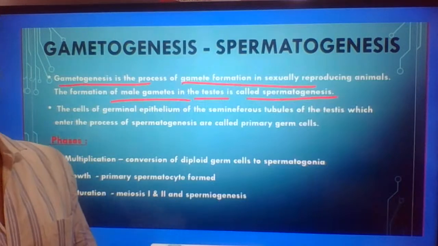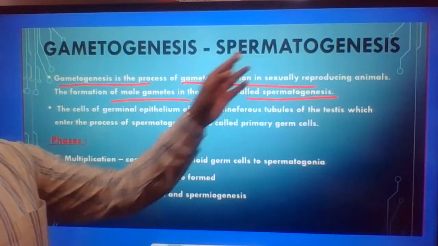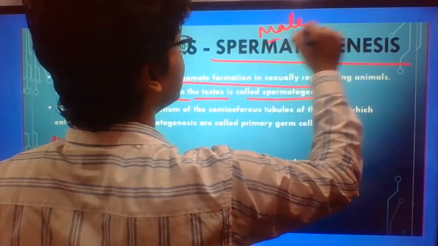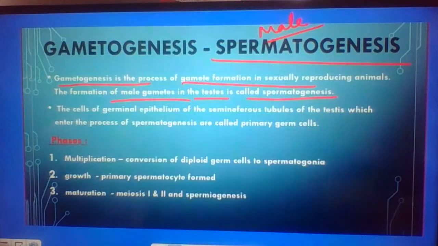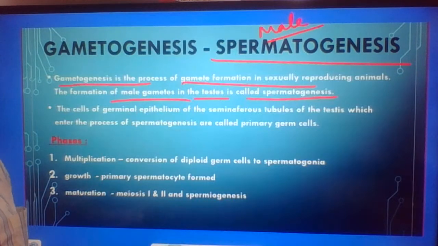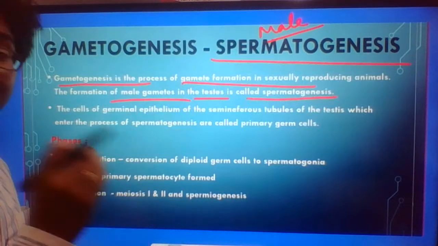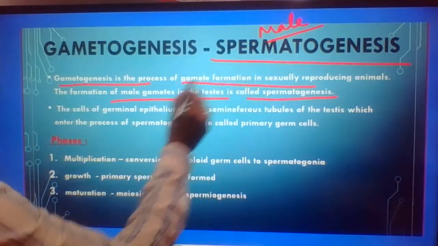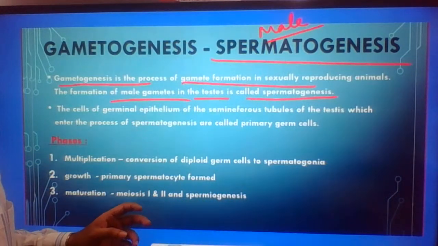First, we'll discuss the male, which we call spermatogenesis. Then we'll discuss the female. In females, we call it oogenesis, where the ovum, the egg, is produced out of the ovary. In male, we call it spermatogenesis. First, we'll begin with spermatogenesis.